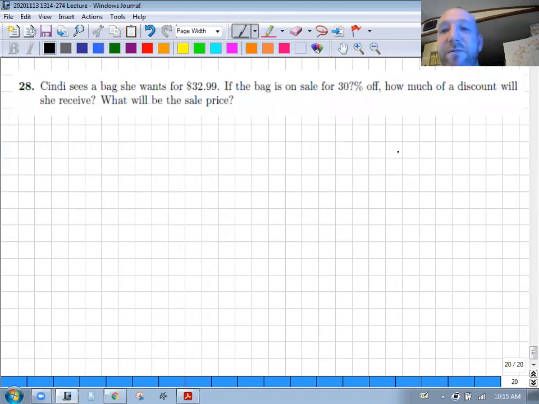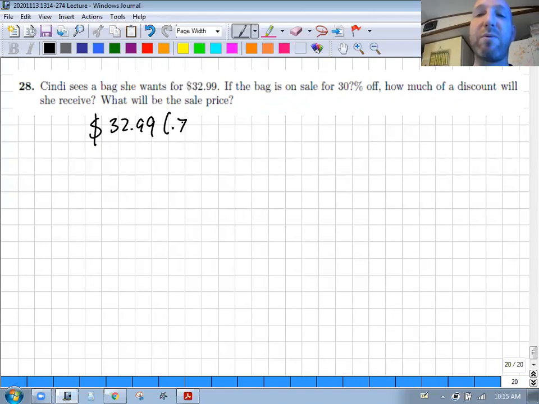Cindy sees a bag she wants for $32.99. If the bag is on sale for 30% off, how much of a discount will she receive? What will be the sell price? Well, let's see. If it's 30% off, then she only has to pay 70%, right? So if we take that and multiply it by 0.7, 32.99 times 0.7, she is paying $23.09.